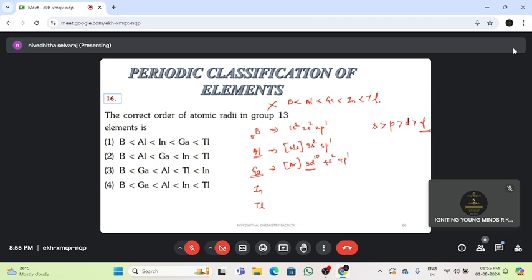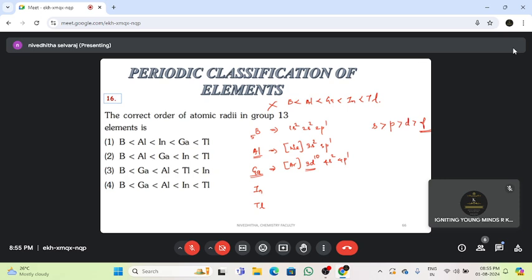This is called transition contraction. You would have studied about lanthanide contraction, or you will be studying in future, in d and f block elements. Here, this is called transition contraction. So among boron, aluminium, and gallium, gallium's size will be lesser than aluminium.